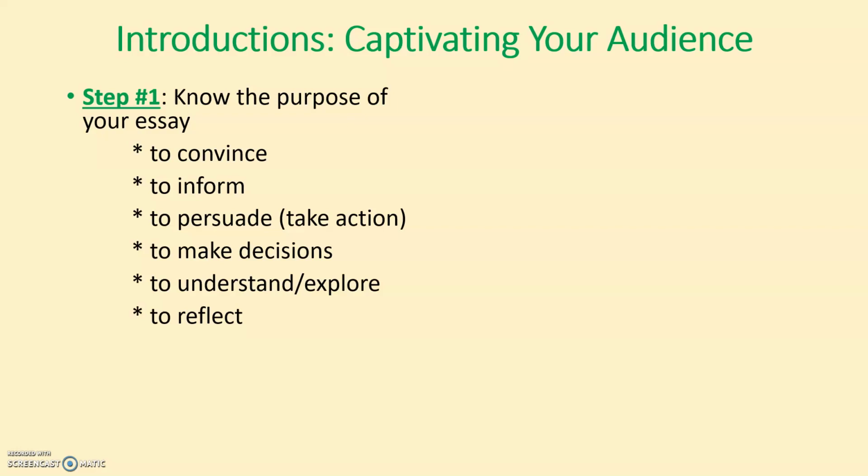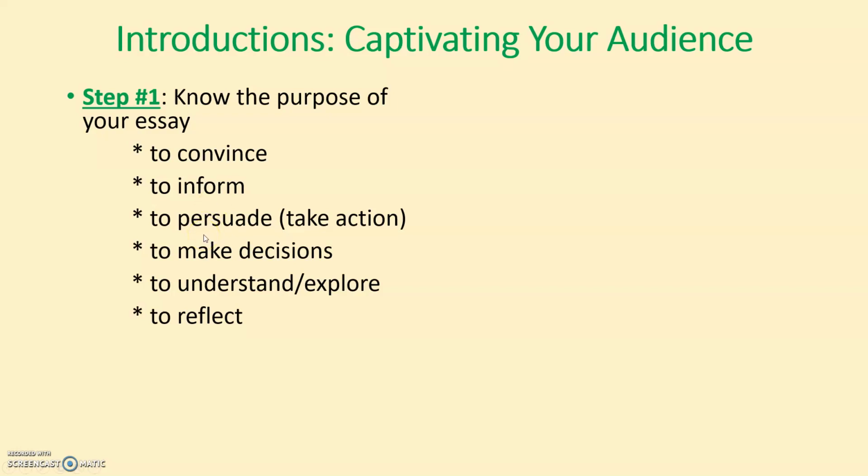So what does this teacher want me to do? Does this teacher want me to convince my audience, to have them swayed one way or another so that my audience agrees with my argument? Does my teacher want me to inform my audience? Purely informative essays are not typical in English classes because we don't just write to inform, but hey, maybe your teacher just wants you to write a report on a certain issue and inform your audience about it.